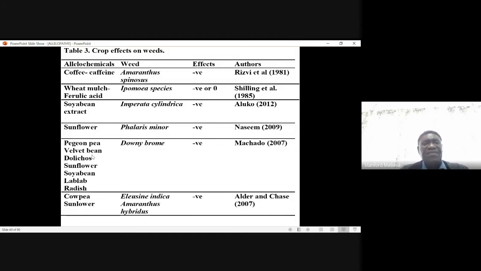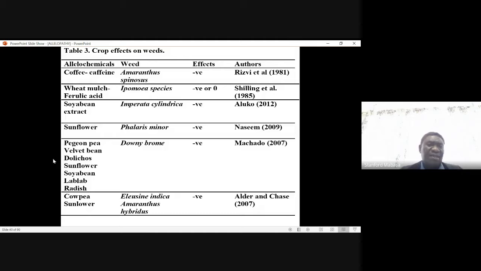But I think we need to establish it in Zimbabwe. But farmers always say that if you grow sunflower, you suppress weeds. Now, pigeon pea, velvet bean, doricos, again sunflower, soybean, lablab, and radish were found to suppress this downy broom. It's a weed in the US. And then we had cowpea and the sunflower, which also suppressed Eragrostis indica and the Amaranthus hybridus.